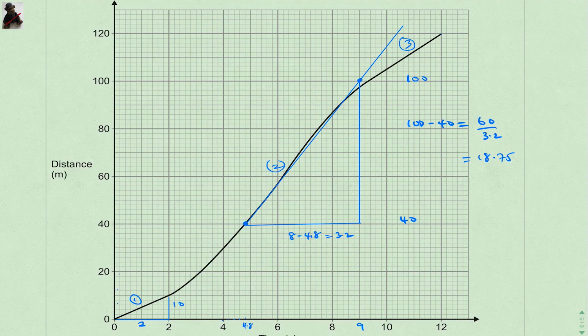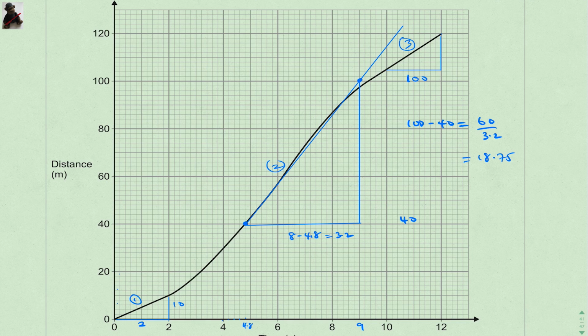And then between 10 and 12, we have another constant speed. So if I draw my line from there to there, let's assume that, and I can work out the height here.